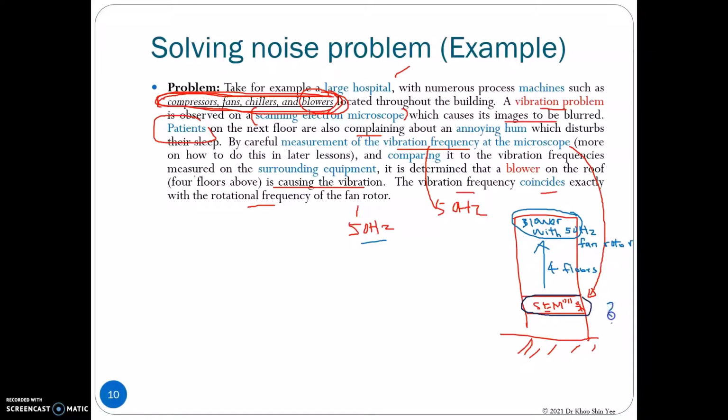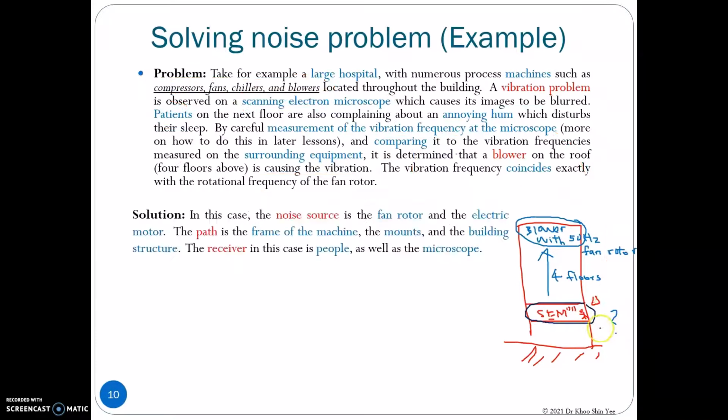So how can we solve the noise problem in this case? To solve this problem, you must be able to identify the noise source, path, and also the receiver. In this case, we succeed in finding the noise source to be the blower with the 50 Hz fan rotor, the corresponding electric motor, the frame of this machine, and also the mounting to the ground.